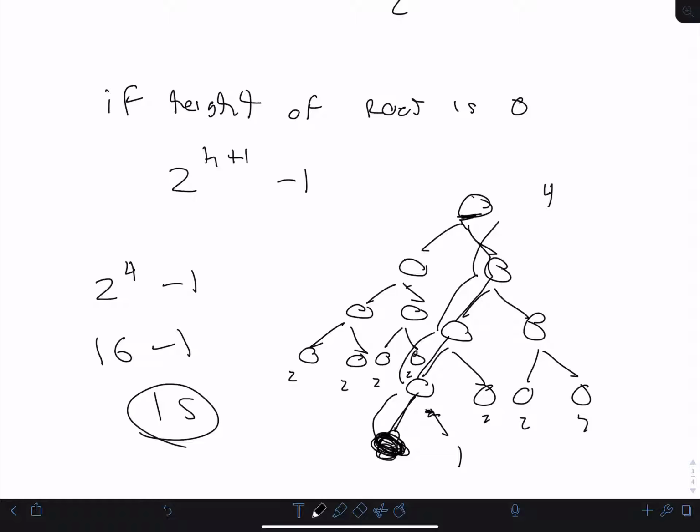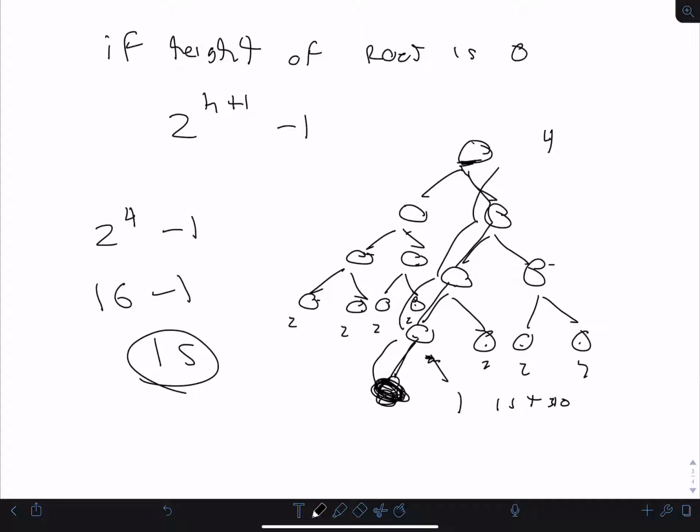So we have 1, 2, 3, 4, 5, 6, 7, 8, 9, 10, 11, 12, 13, 14, 15 times 2, which would be 30, right? Because each of these has 1 node coming out of it, right? So that would be 30 nodes.